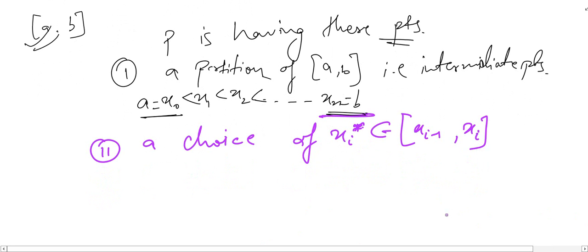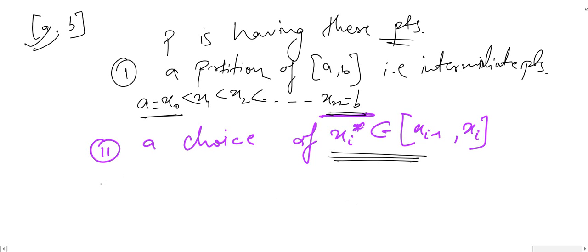We can take xi star as any point, and it is this point which would result in all those things which are called left sum or right sum or mid sum from the middle value, which our respectable professor has demonstrated in the lecture, right? So it is this point which is xi star.